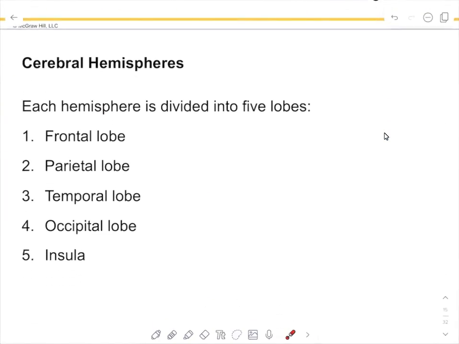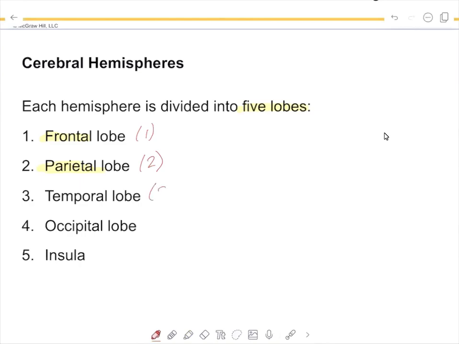So the different lobes within the cerebral hemispheres that you should know are 5 different lobes, one of which you can't see from the outside. The frontal lobe would be where the frontal bone is. So there's one of those. There are 2 parietal lobes, and they would be on the most superior region of the cerebrum.